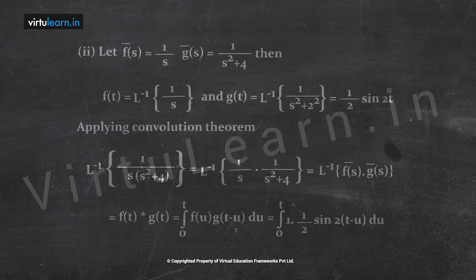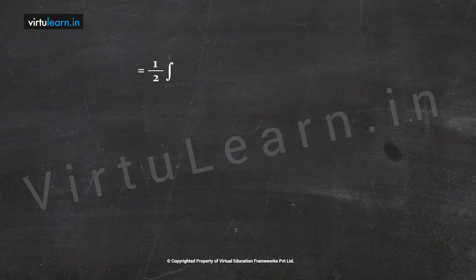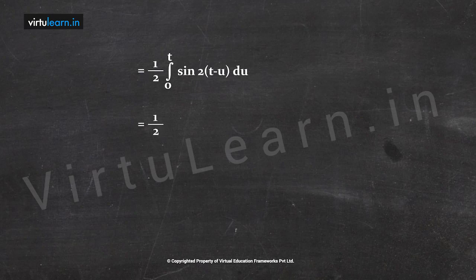Then 1 by 2 is constant outside, integral 0 to t sine 2 into t minus u du. Then applying integration, 1 by 2 is outside, integration of sine is minus cos of 2 into t minus u by minus 2, because the coefficient of u is minus 2, that's why I wrote minus 2 here. The upper limit is t and the lower limit is 0.